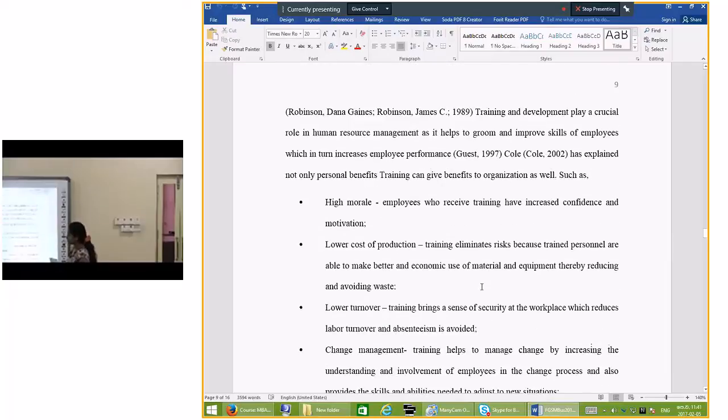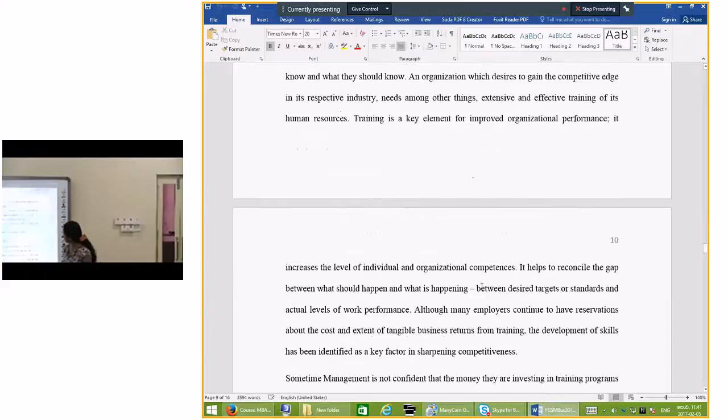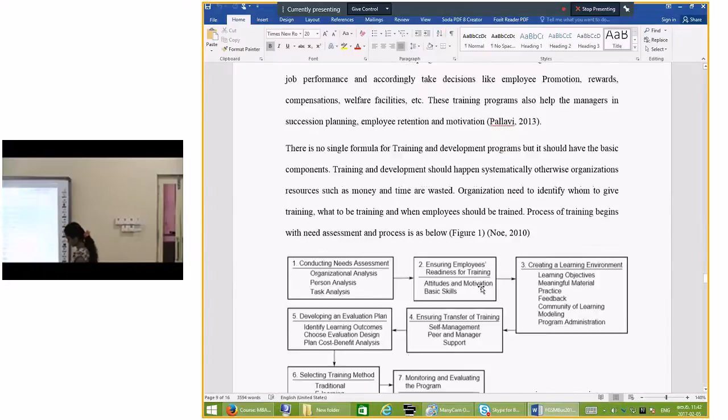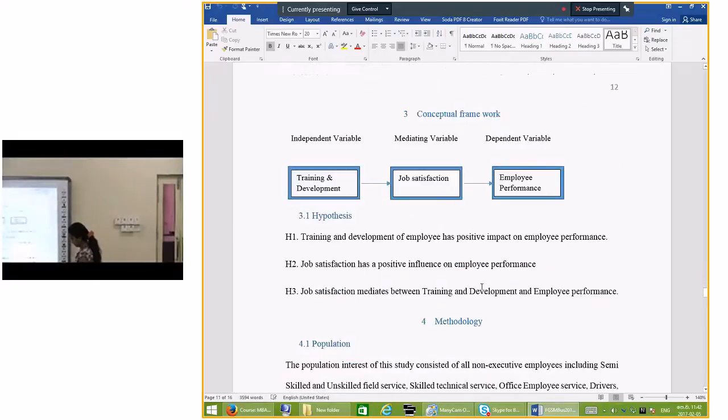Okay. Now, how do you measure? Just go to the conceptual framework. Training and development, job satisfaction, employee performance.